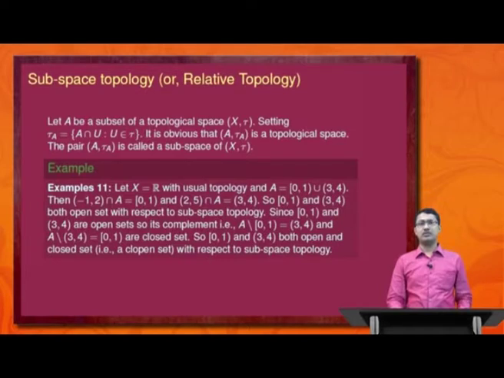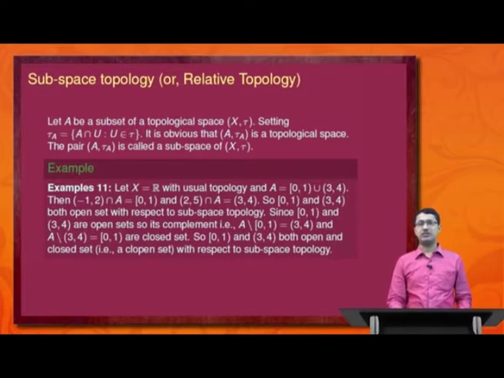So [0, 1) and (3, 4) both are open sets in A with respect to subspace topology. Similarly, since [0, 1) and (3, 4) both are open sets, their complements, that is A minus [0, 1), which equals (3, 4), and A minus (3, 4), which equals [0, 1), both of them are open sets, so their complement is a closed set.